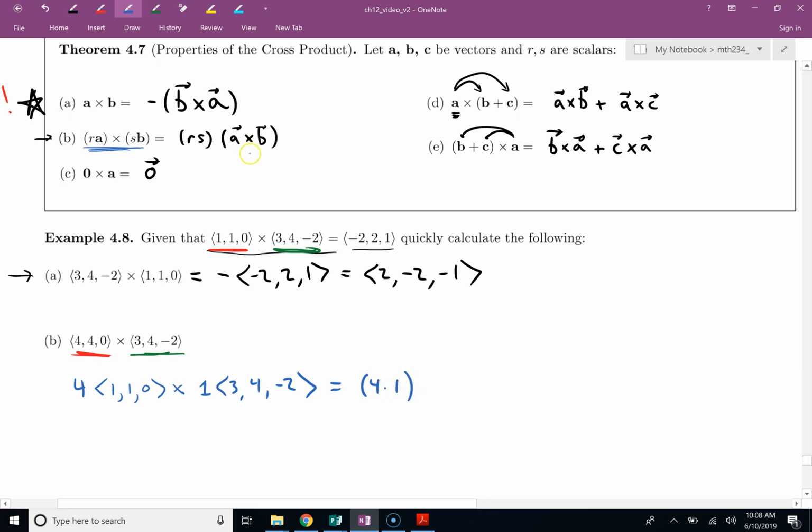And then A cross B, here's our A, here's our B. We know what that is. It's this -2, 2, 1. And so we're basically just doing scalar multiplication with 4. And so we're going to get -8, 8, 4. All right, so here are some examples of how you can use these properties of the cross product to quickly calculate other problems.